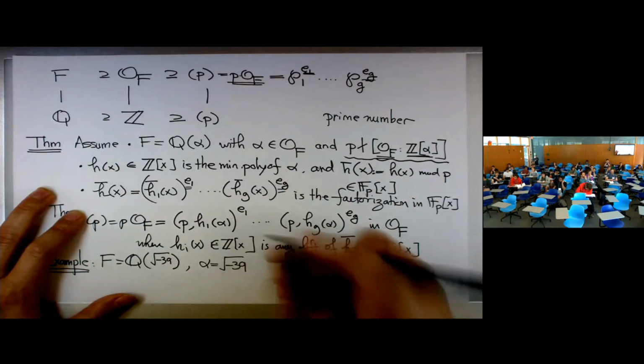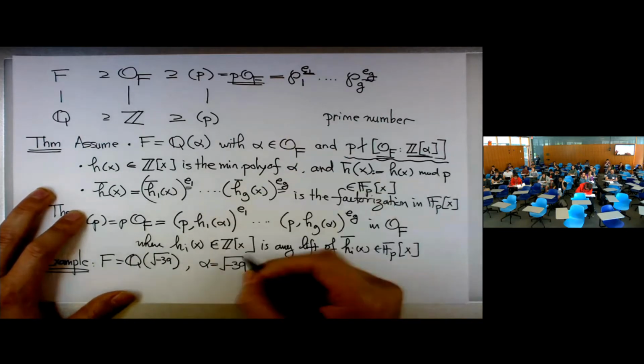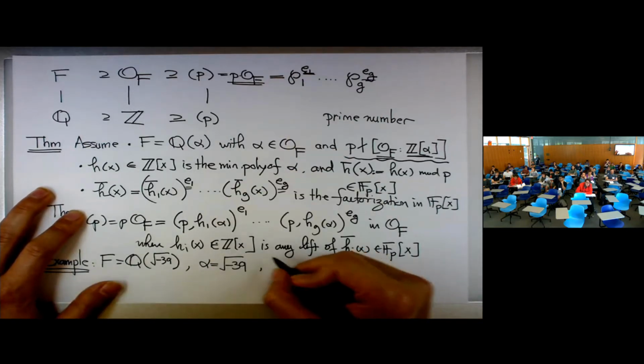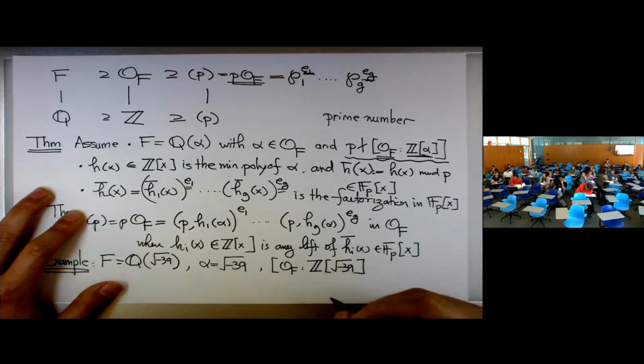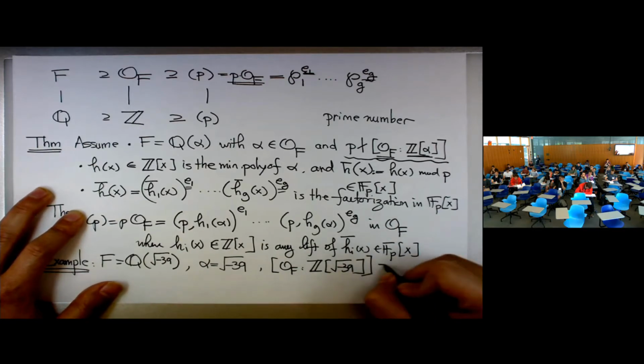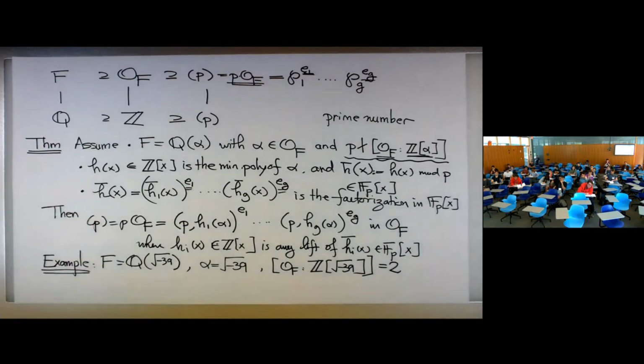So I just pick some alpha in OF. Then as we talked about last time, the index of Z adjoin root of negative 39 in the actual ring of integers is 2. You're missing the (1 plus root of negative 39) over 2.